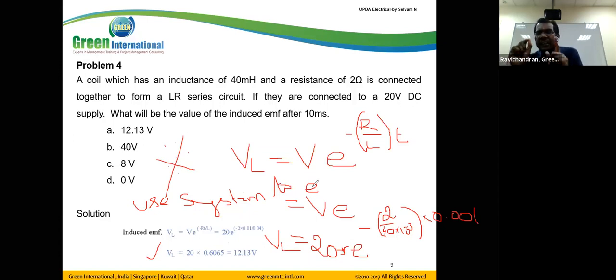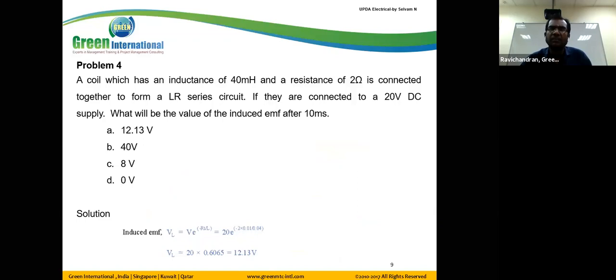How to find e to the power of minus 2 divided by 40 into 10 power minus 3 into 0.001. So have a practice. So this is the induced voltage.